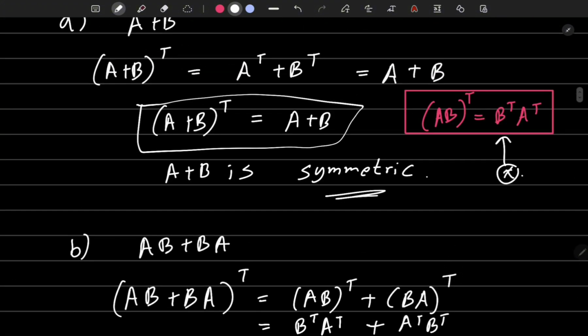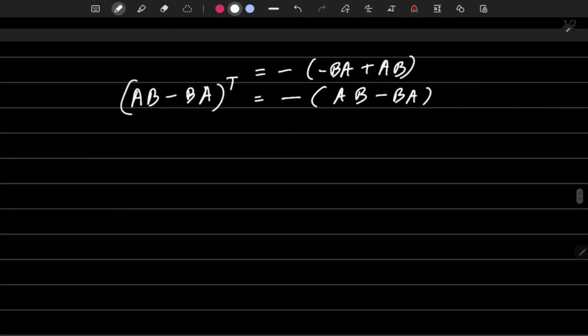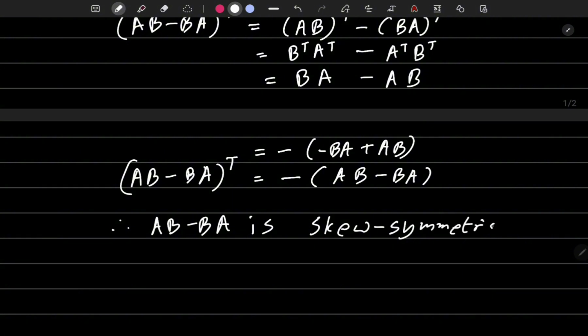If A is skew symmetric, the transpose of A is equal to minus A, and here it is also in that format. So simply I can say that AB minus BA is skew symmetric.